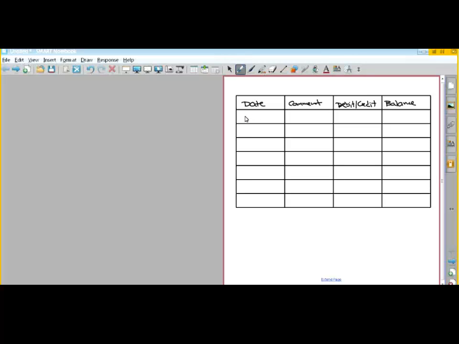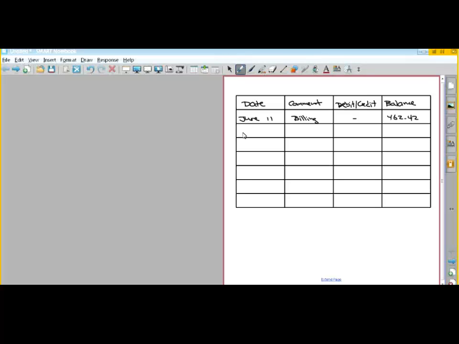So the first thing is on June 11th, which is the billing date. So that's when we start. We don't really have anything associated with this, but we do have a balance, which is $462.42.